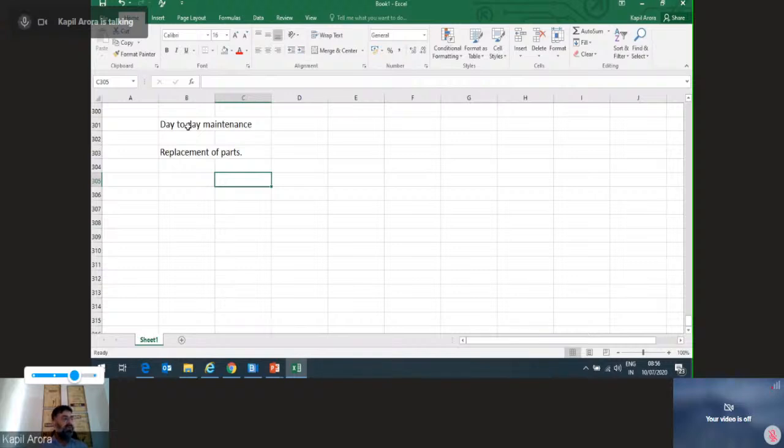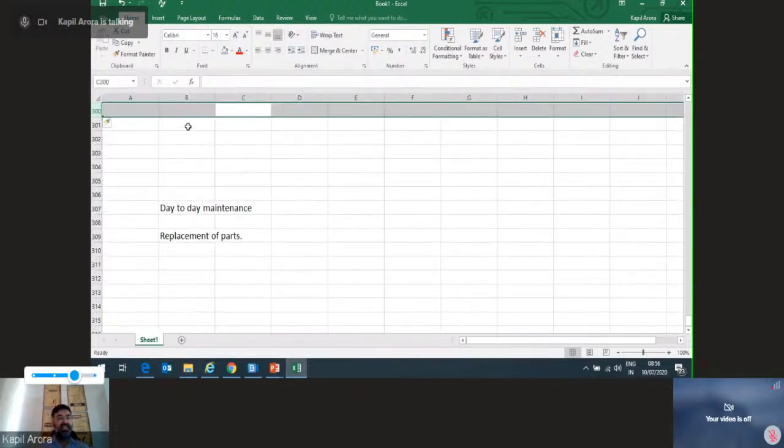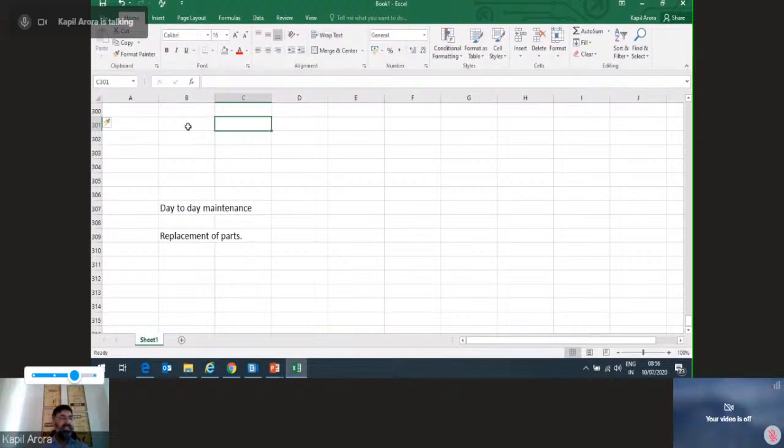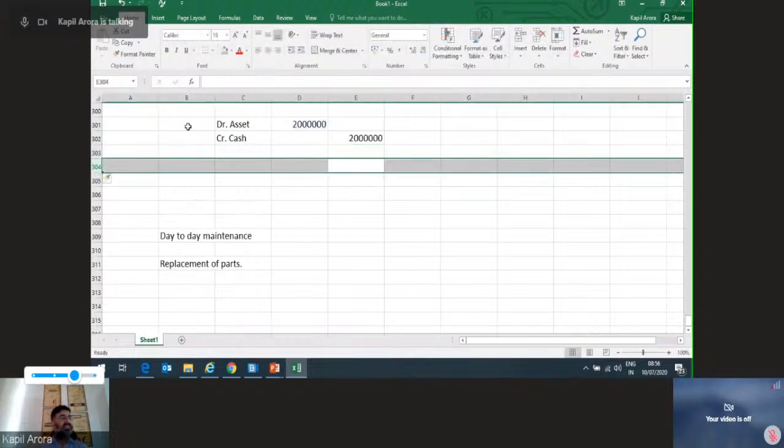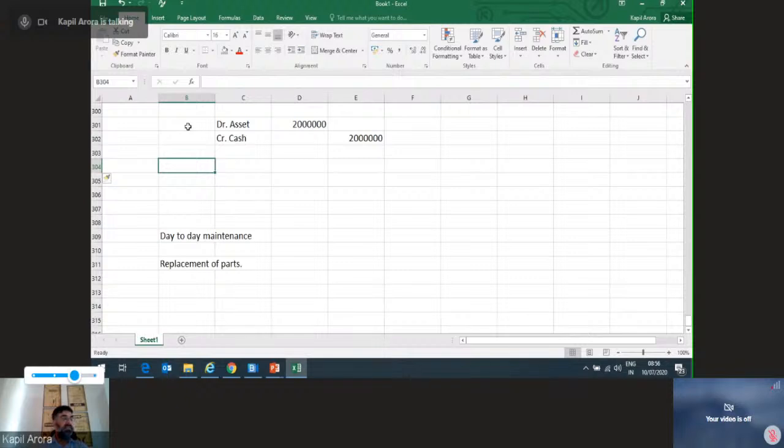The next thing which we have, so accounting treatment of old derecognition means removing. Accounting treatment means, if I talk about the accounting entry, adding new asset means debit asset, credit cash. So 20 lakhs has been added, whereas on the other side the older machinery is getting derecognized. So credit asset, which is 1 lakh.